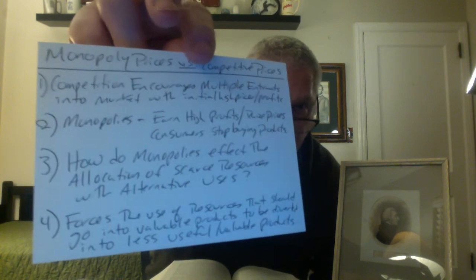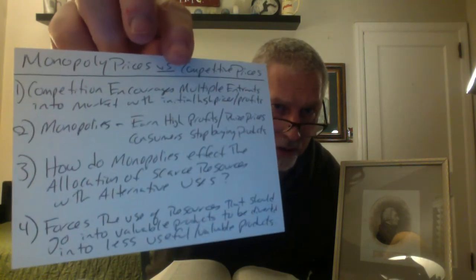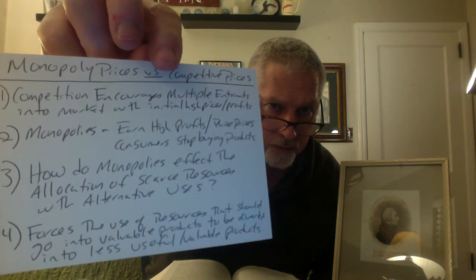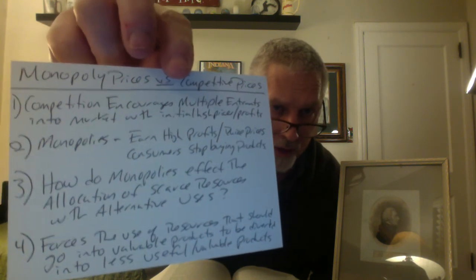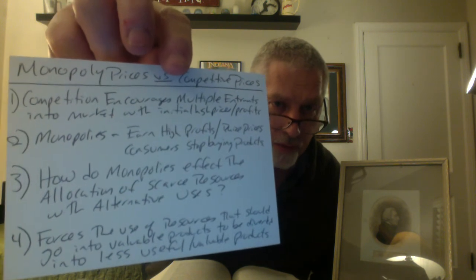So kind of hearkening on what Adam Smith was saying. So again, the idea here is that competition encourages multiple entrants into markets with initial high prices and products, and therefore high profits, and people are going to get into that market.